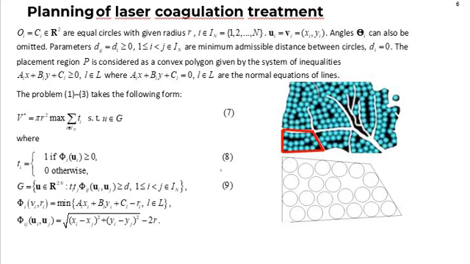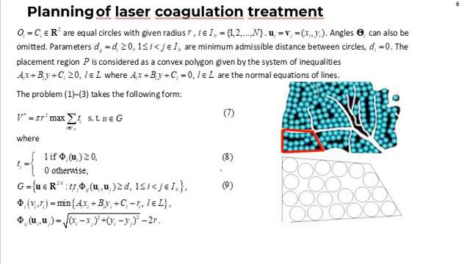Significant overlap of photocoagulates can lead to excessive dosages, whereas controlled minor overlap is acceptable. Microburns on the retina can be modeled as equal circles with a given radius. A minimum allowed distance is specified between the circles. The placement area can be divided into polygons, reducing the problem to several subproblems.